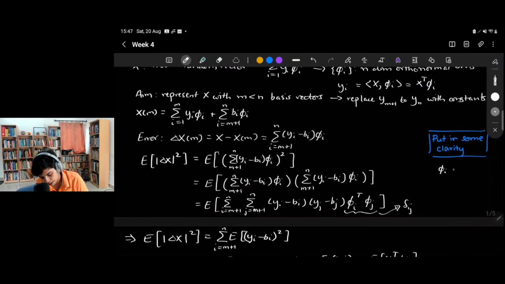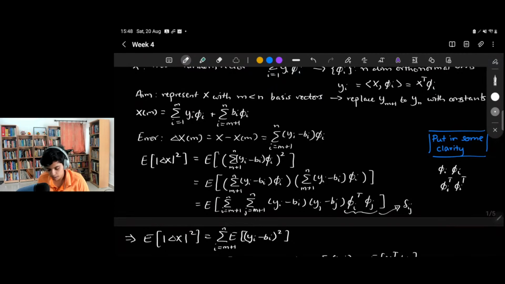If you just write phi I phi j, first of all, this matrix multiplication itself would not be defined, and this would not give you a number. In order to get a number, you need this error to be a number, not some matrix or scalar or vector. Now just doing phi I phi j, or even keeping the same indices, is not going to help you get a number.